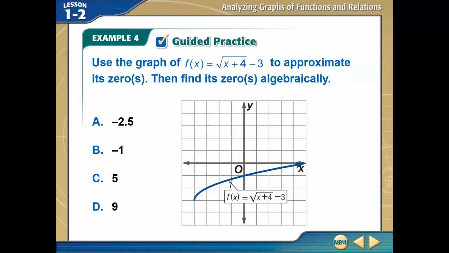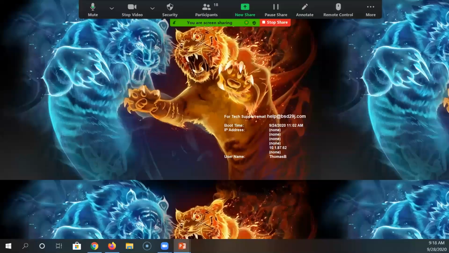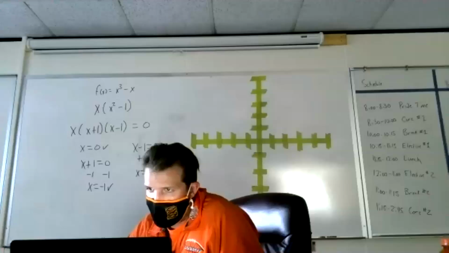So f of 5 is going to be equal to the square root of 5 plus 4 minus 3. Once again, we're going to treat the radical like parentheses, and we're going to do those operations first.